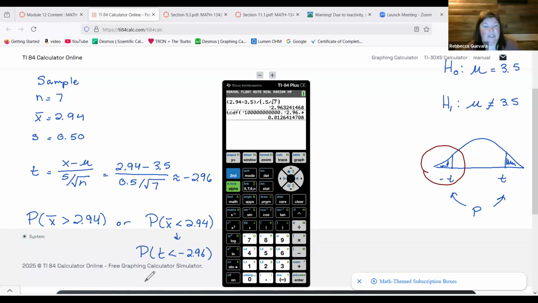So I'm getting that the probability is actually going to be 0.0126. We'll round to there. So my p-value is just going to be double that. So I'm going to do 2 times second answer.